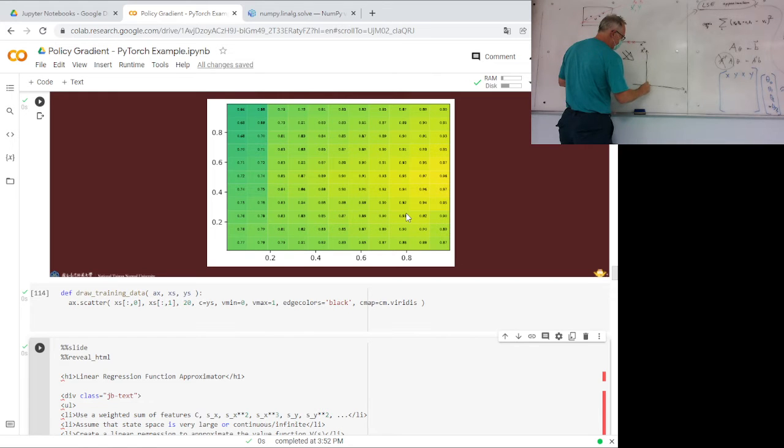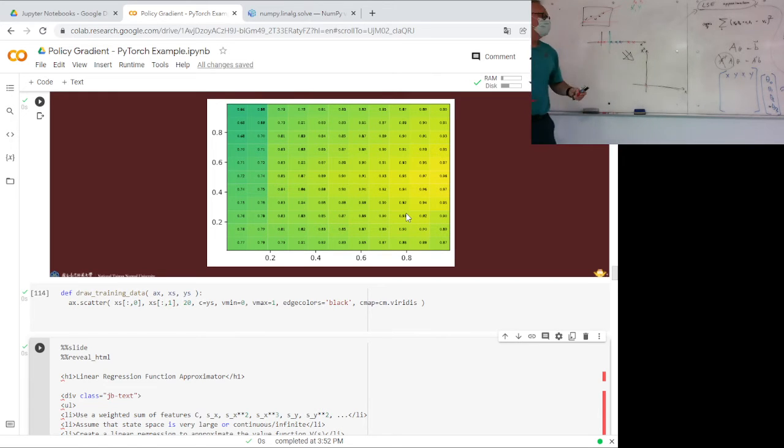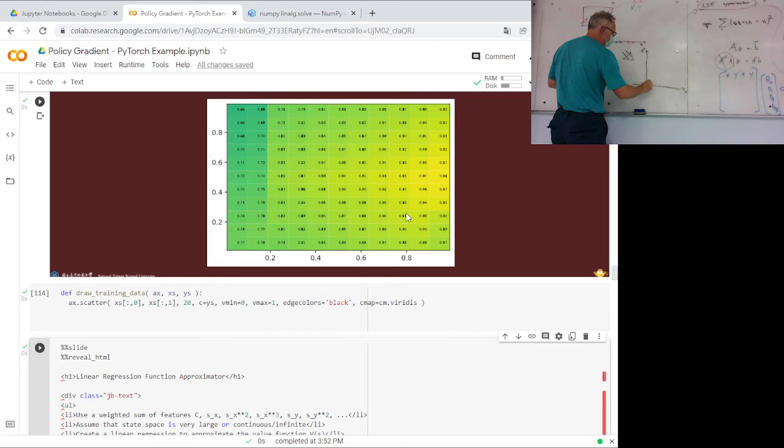So I would get x squared 0. 0 squared is also 0. Right? And then here I get this one and this one. And then these ones, these three, would be mapped to there.